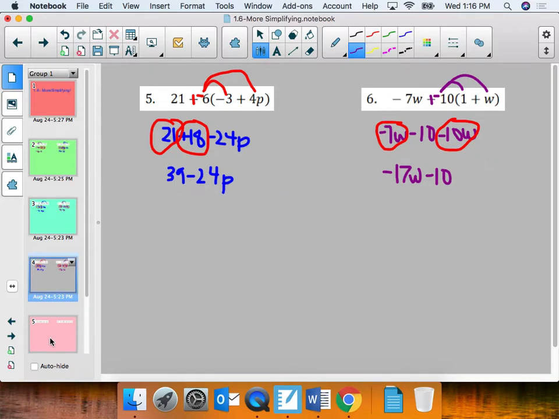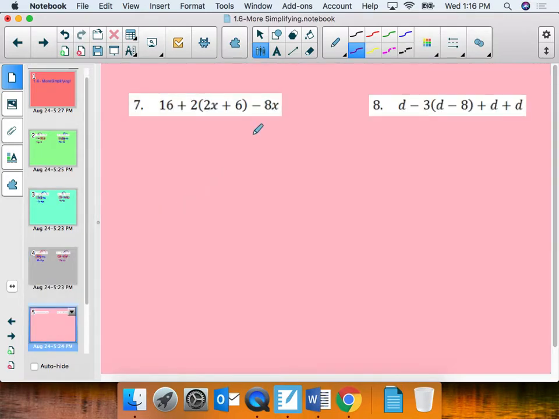All right, last set of examples here, so 2 more. On this one, you have more going on, but still you need to notice right away that you have some distribution. That's what you need to be taking care of first. So we are going to start here on this one, even though there are more terms, with distributing this 2.